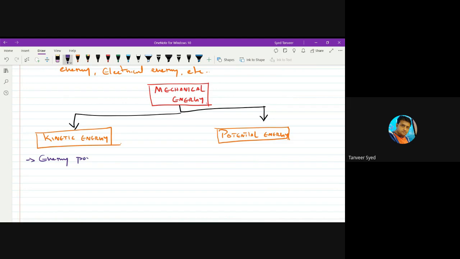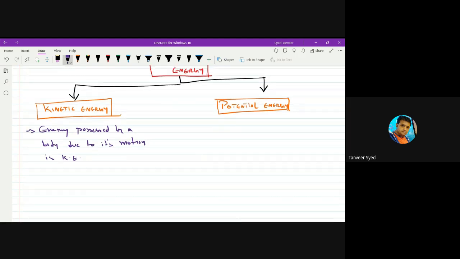Energy possessed by a body due to its motion is kinetic energy, K in short.